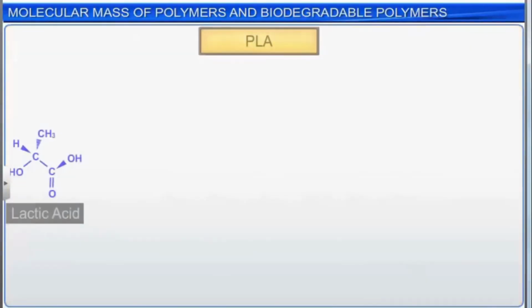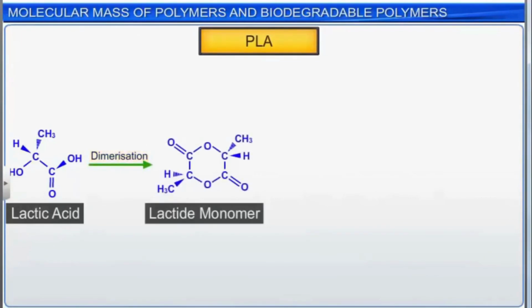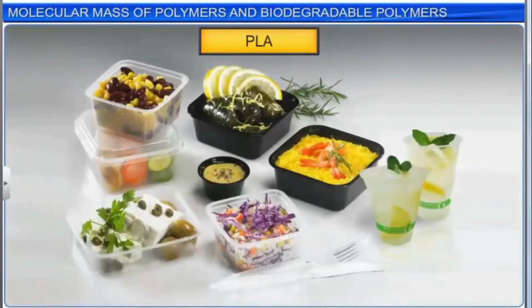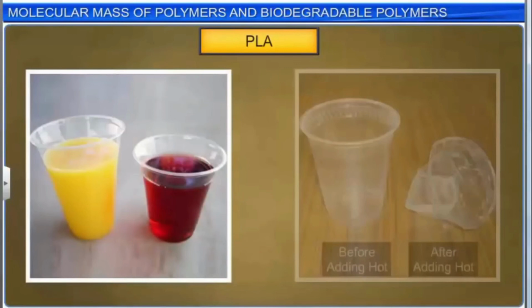Lactic acid is dimerized to make the lactide monomer, which undergoes a ring-opening polymerization. PLA is being used for packaging, such as cups and take-out containers for food. However, it can only be used for cold beverages and cannot be used for very hot ones.